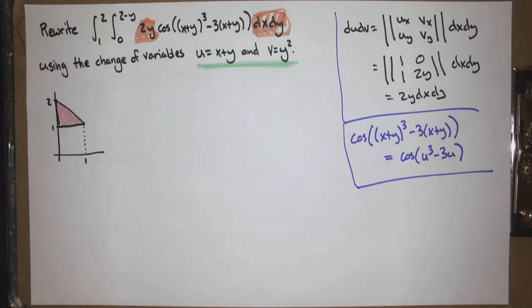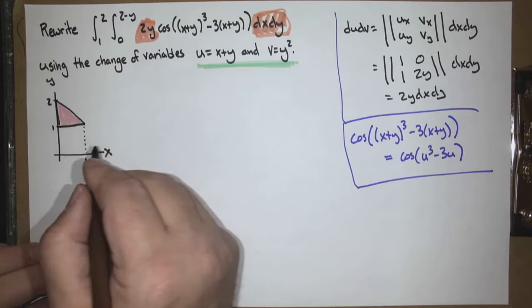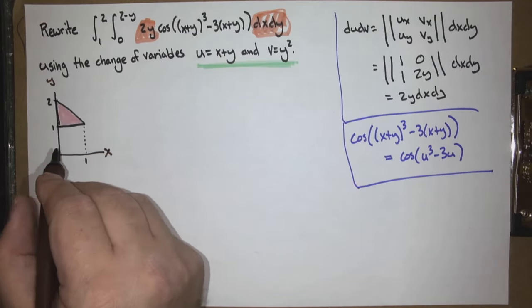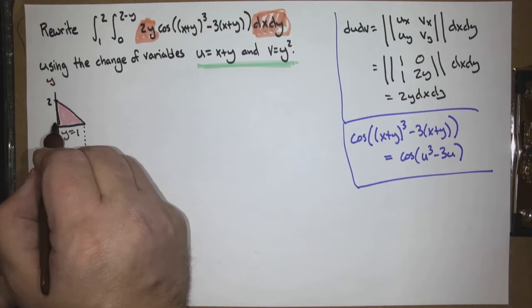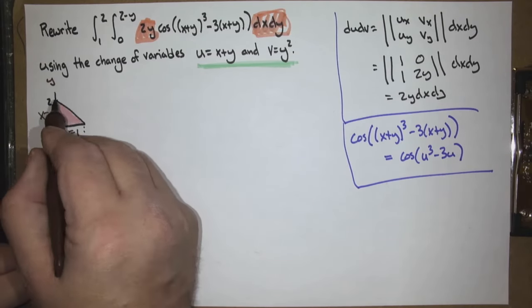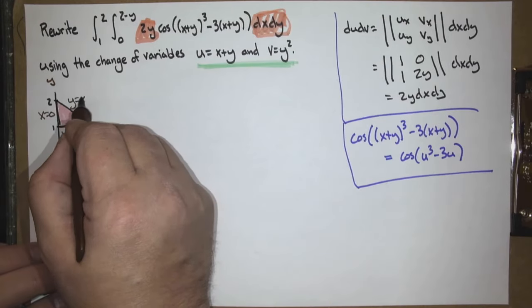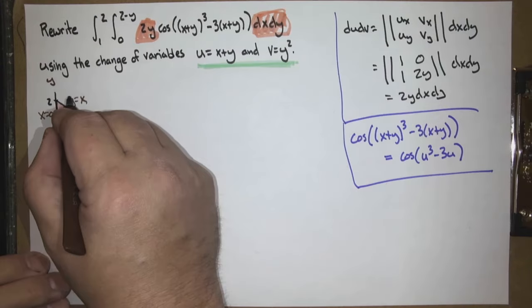Well, good news, they drew us a picture. So I'm going to go ahead and just mark some things here. This is in the xy plane. So this line, do you recognize what that line is? Y equals 1. This line, x equals 0. This line, y equals x. Oh, wait, that's not y equals x.